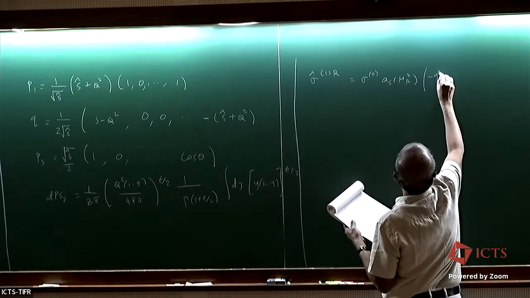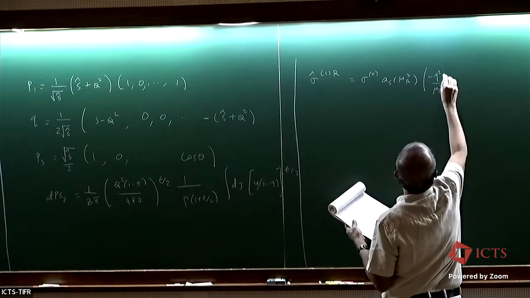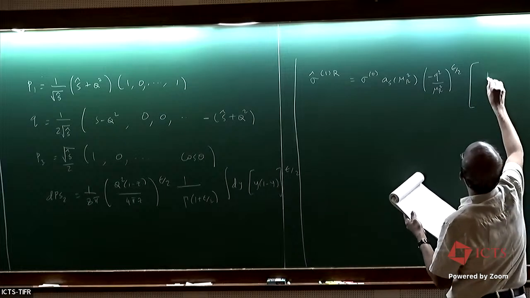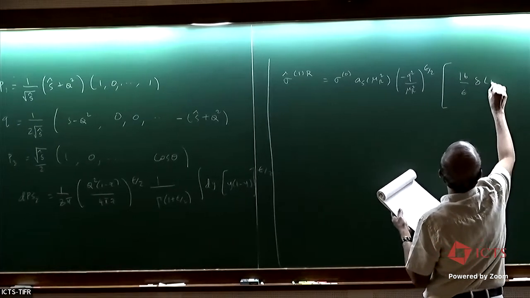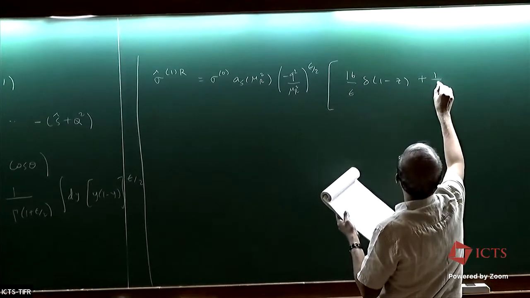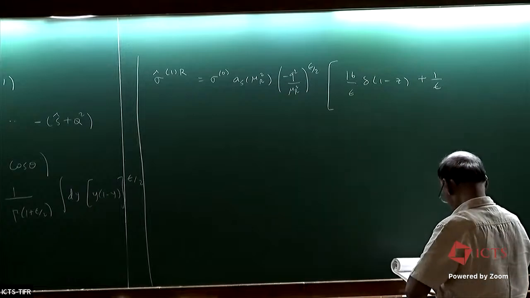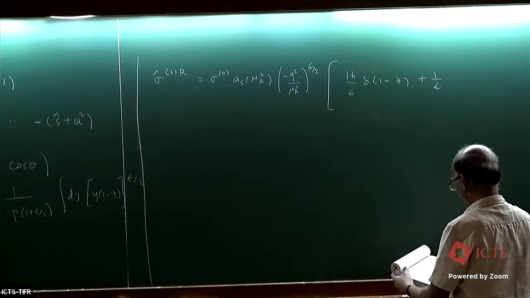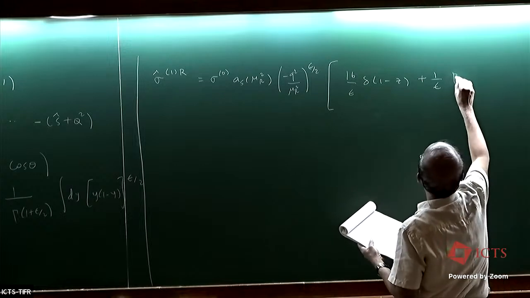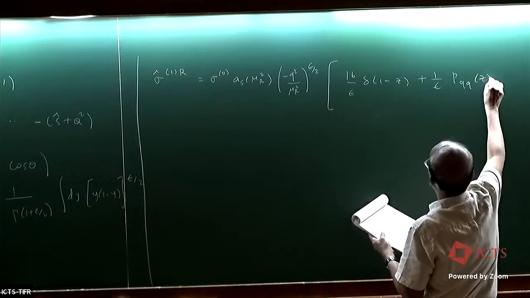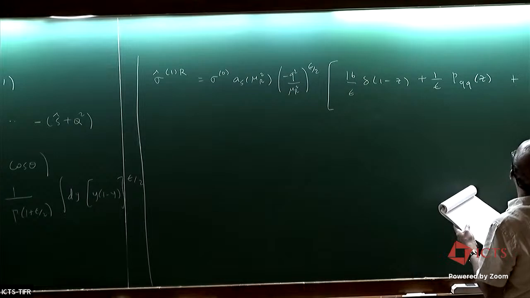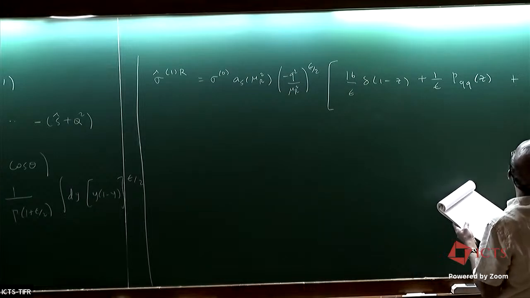This is q square by mu r square power epsilon by 2, times 16 by epsilon square delta of 1 minus z plus 1 by epsilon P_qq, some function of z, plus f_q real of z.